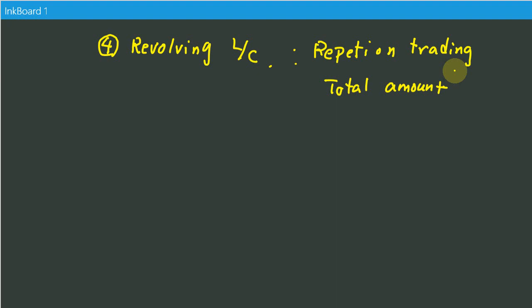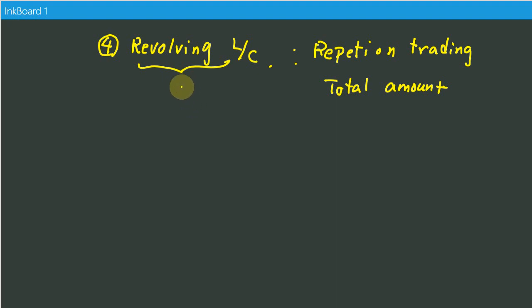Then they use letter of credit with repetitions. Then they can save their money for every issuing of a letter of credit for trading. Okay? So the revolving LC is used for repetition trading with a similar size trade. Okay? The similar and repetition trading.